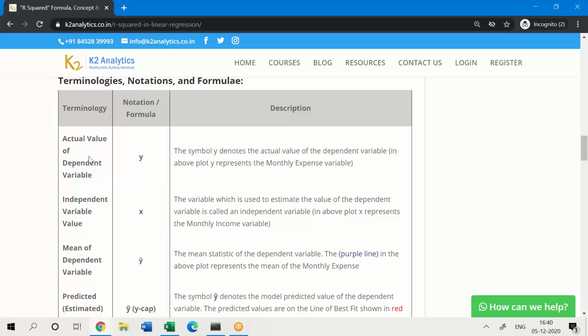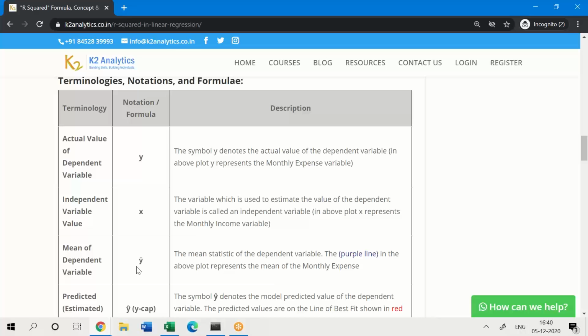Actual value, which is our dependent variable, in this case expense, we denote by y. The symbol y is used to denote the actual value of the dependent variable. Independent variable is denoted by x. In this case, it is income.